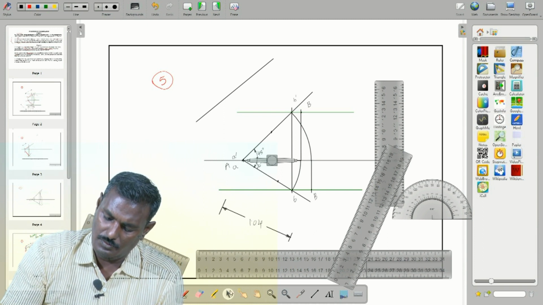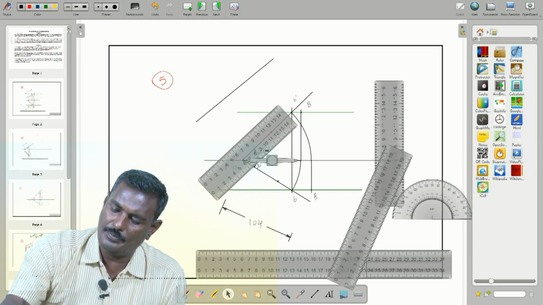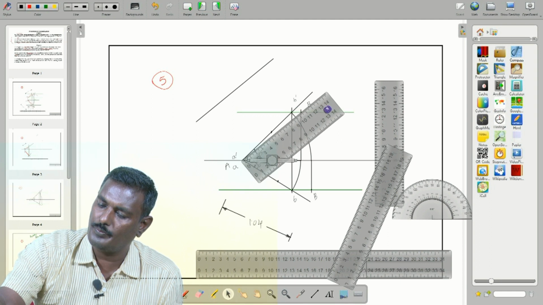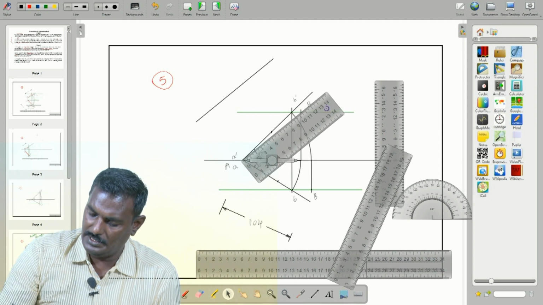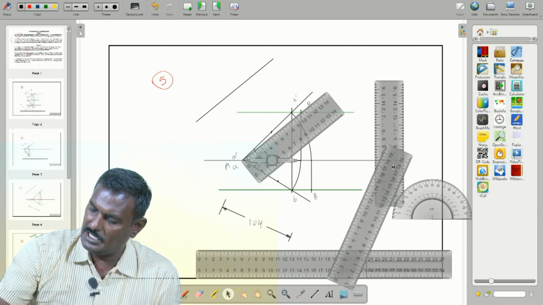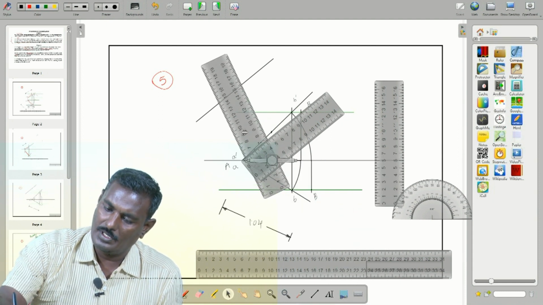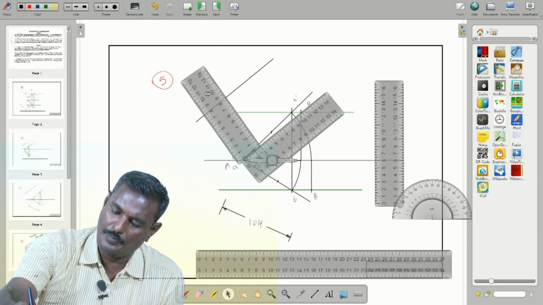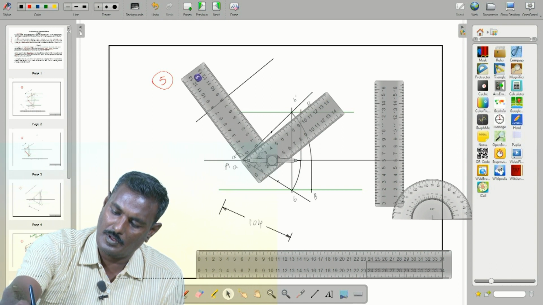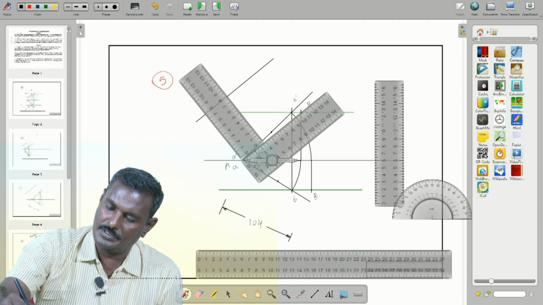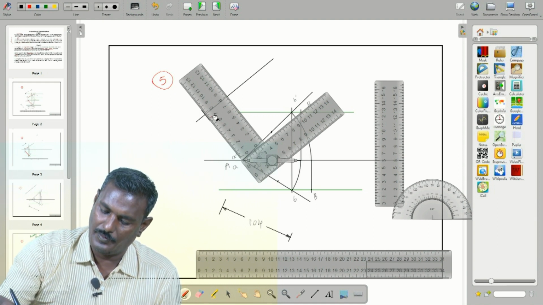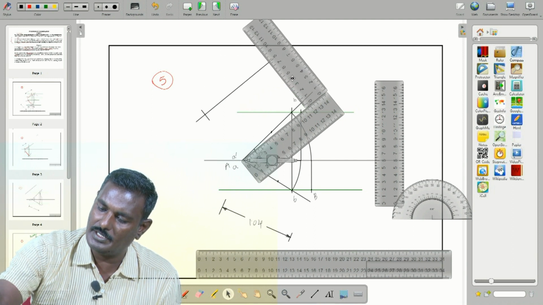There also we have to move the scales, and set this scale perpendicular to that, the scale perpendicular to this. So perpendicular to this, yeah, draw an extension line.